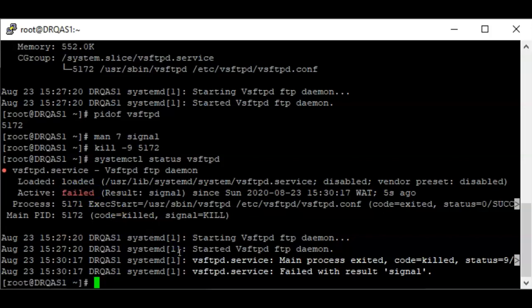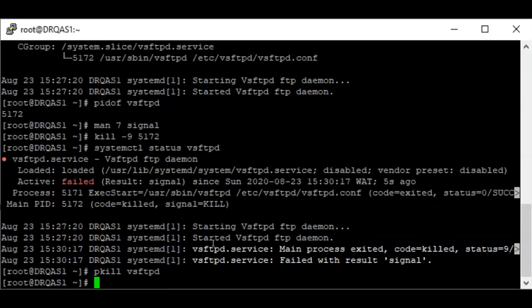Like I said, always use the SIGTERM signal first, and if this doesn't work, then you can use the SIGKILL signal to kill the process. You can also kill a process with the process name. For example, to kill this vsftpd process by name, I'm just going to use the command pkill followed by vsftpd, and this will kill a process using the process name.